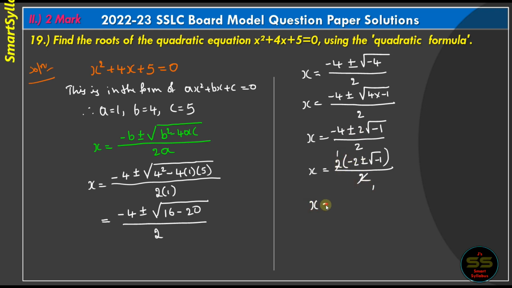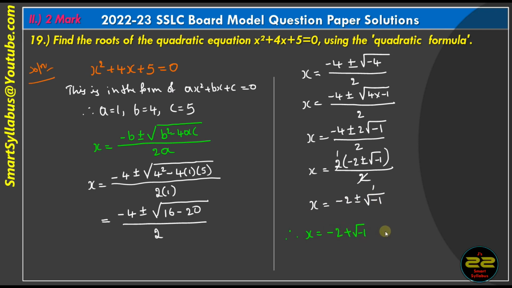It means x is equal to, just write the remaining terms, minus 2 plus or minus square root of minus 1. Therefore x is equal to minus 2 plus root of minus 1, or x is equal to minus 2 minus square root of minus 1.